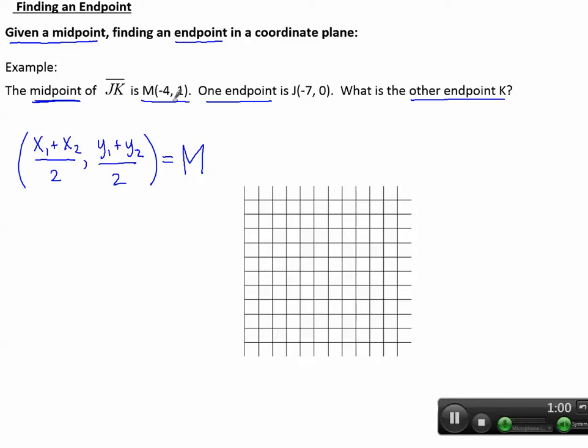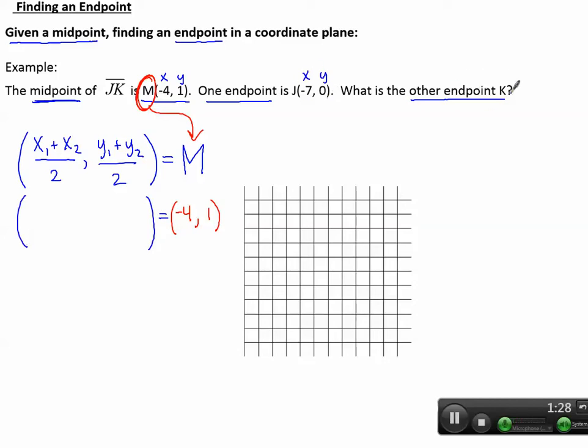Let's label point M with x and y and label point J with x and y. Now notice that this is M. That point goes here. M is -4, 1. This is only one of the endpoints.